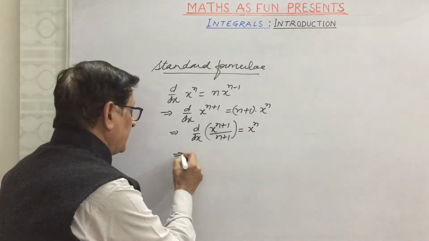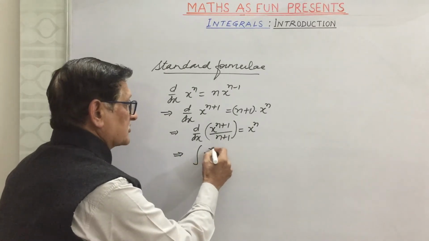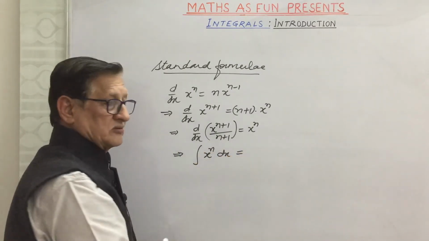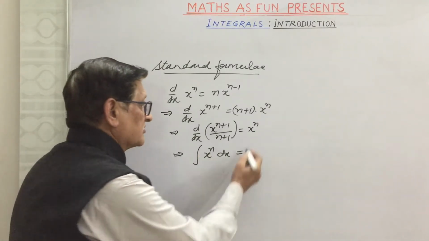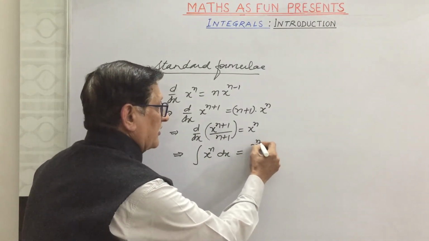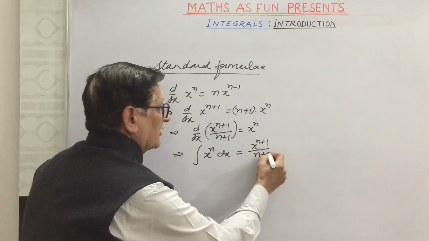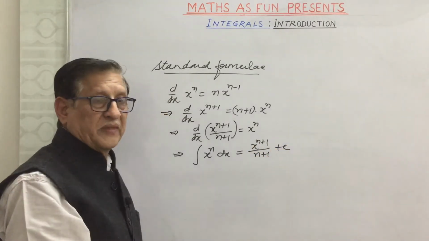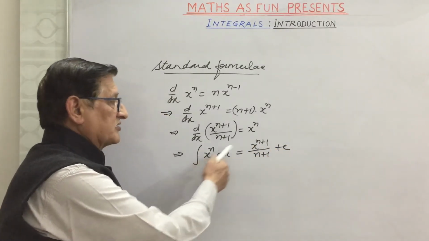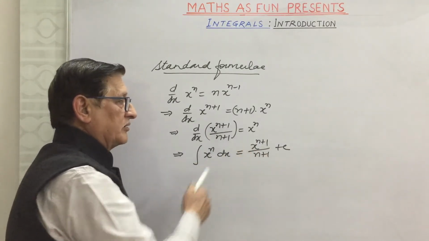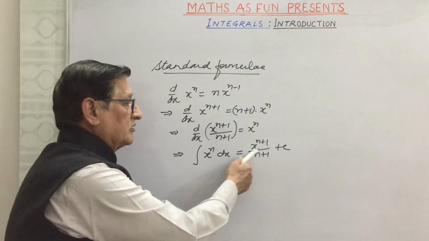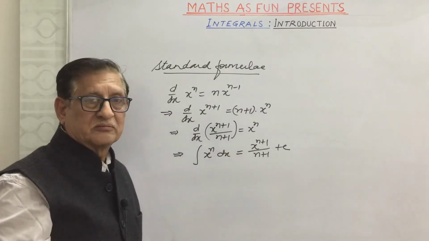It means we can make a formula that integration of x power n dx, that is x power n with respect to x, is equal to x power n plus 1 upon n plus 1 plus c. Here we can see the power of x has been increased by 1, and that power is coming in the denominator of that function.